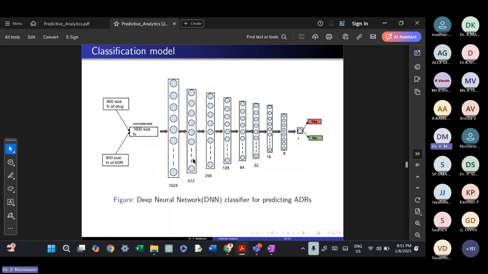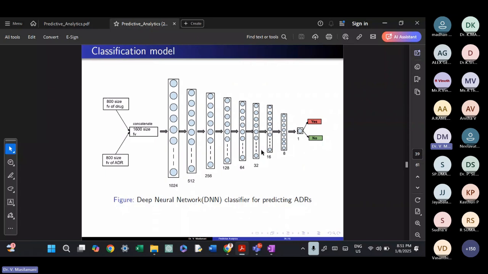And that frequency distribution of words in the dictionary is used as a feature vector for the drug and as a feature vector for the ADR. For the drug, the feature vector size is 800, and for the ADR also the feature vector size is 800. When you concatenate these two, you get 1600, and that goes to the first layer in the neural network.